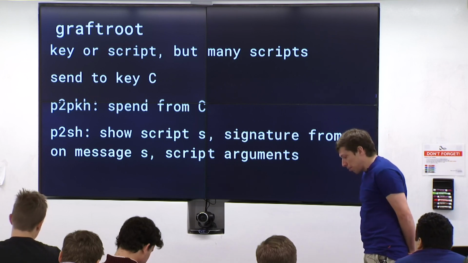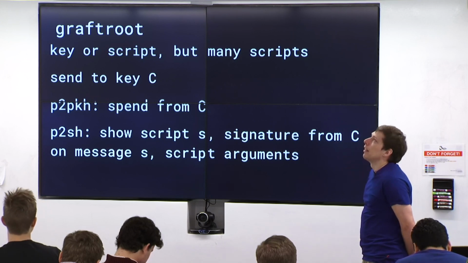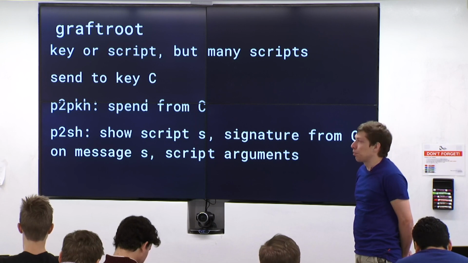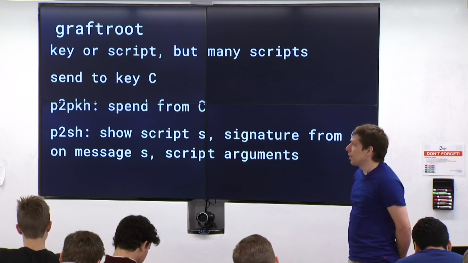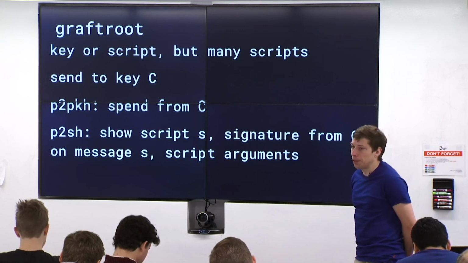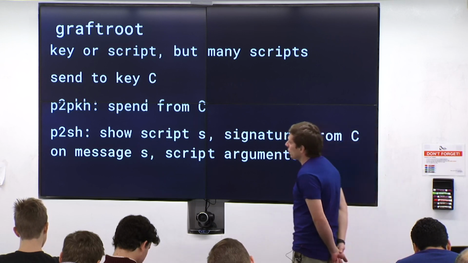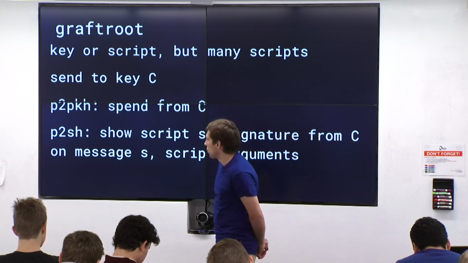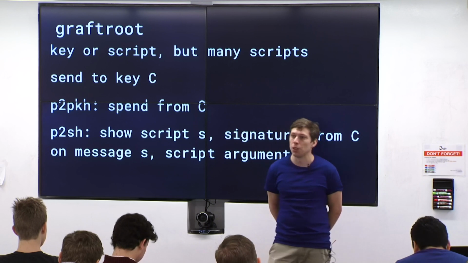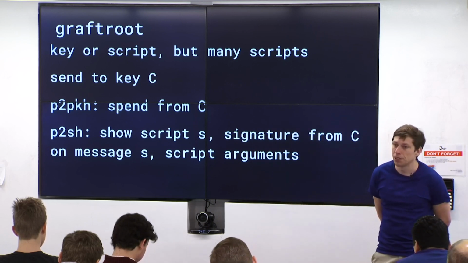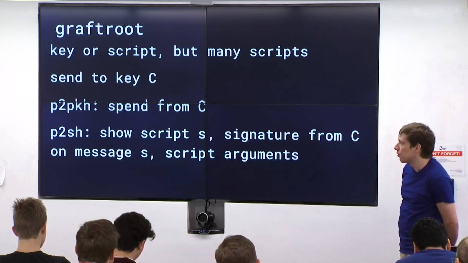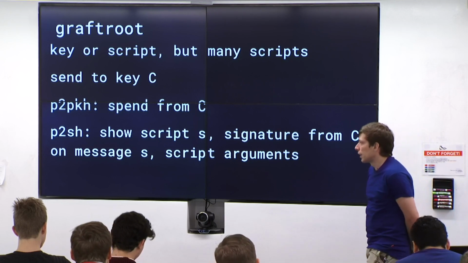It's similar to Taproot in that it's got sort of two execution paths. You send to a key C, and there's two ways to spend from it. So you can use the regular pay to pub key hash mode, where you're just spending from C. You just sign your transaction with key C. Same as in Taproot, same as in regular Bitcoin right now. That's the easy one.